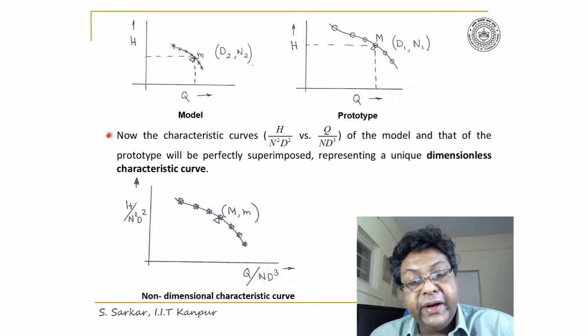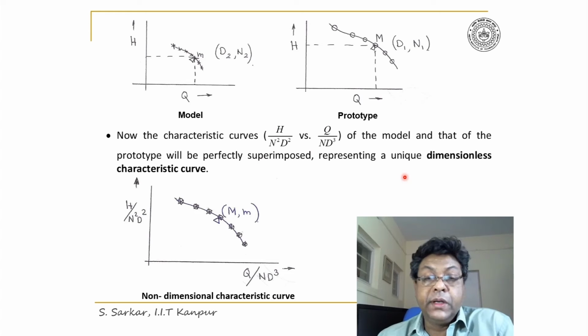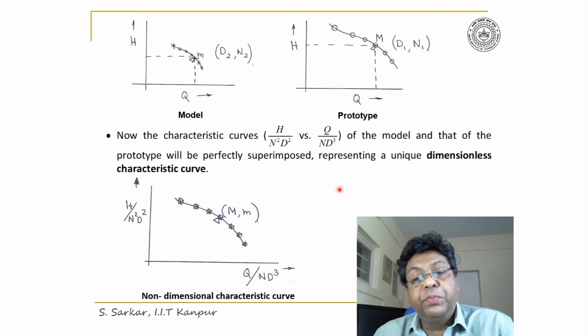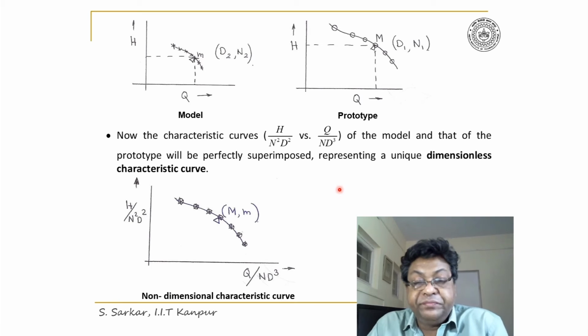Thus, I have written here the characteristics curve, that is H by N squared D squared versus Q by N D cubed, that means xi versus phi characteristics for the model and prototype would perfectly superimpose, representing a unique dimensionless characteristics. What we have learned from here?